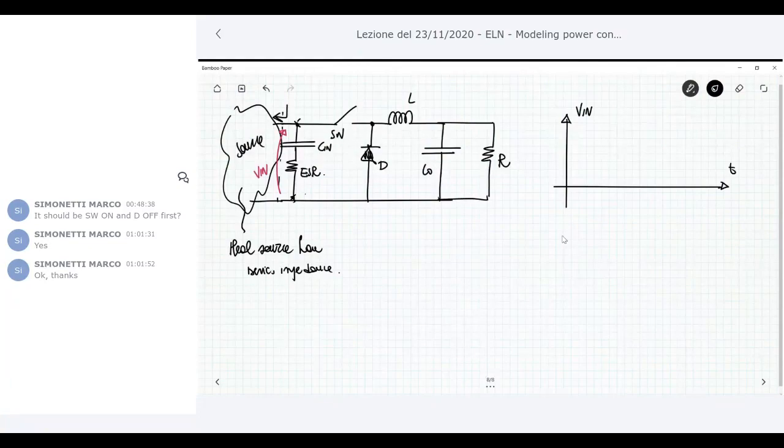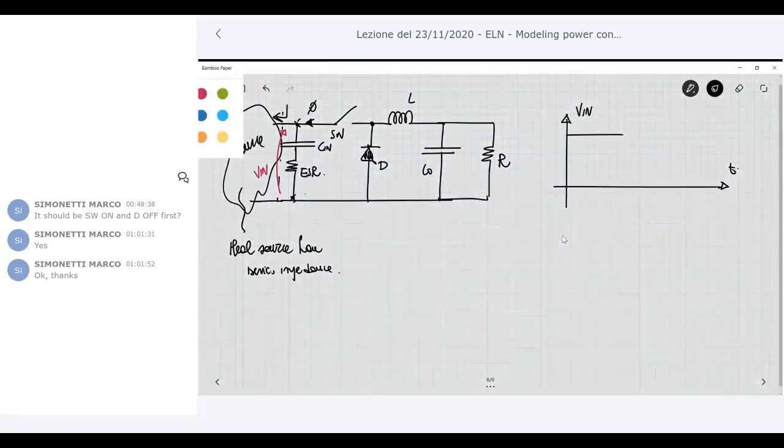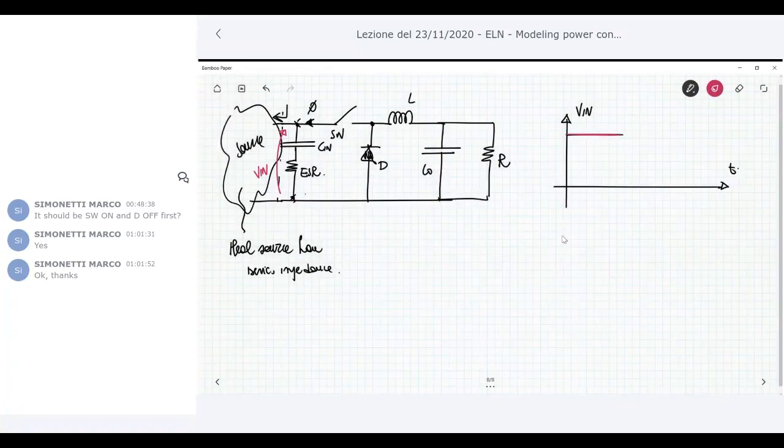For example, when the switch is off, it means that no current is flowing here. The current is null, and so the voltage V in has some value. Let me call this value V2.